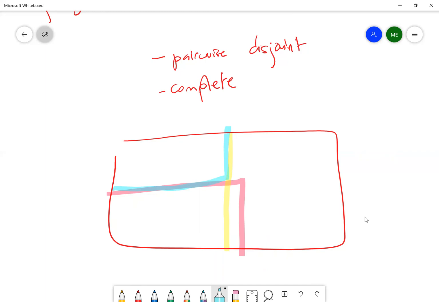The issue that I see with this type of partition scheme is that there is this part over here that overlaps between the red and the yellow blocks. That means that had I chosen a value from here, I don't really know: does this value belong to the yellow block or does it belong to the red block?